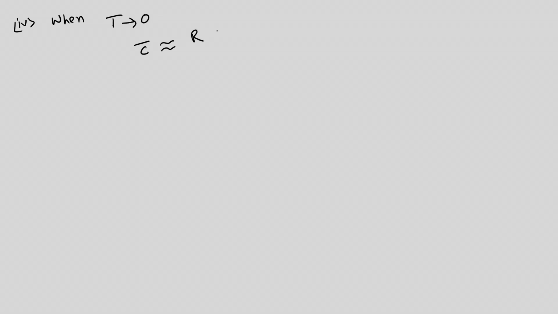And the last one, problem number 4, is we need to consider the temperature limits. So, when T goes to 0, C bar is R times delta E by kBT to the 2 e to the minus delta E by kBT.